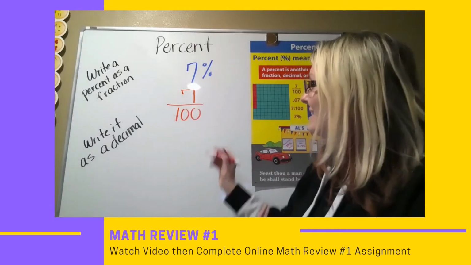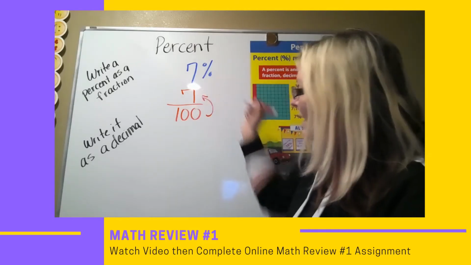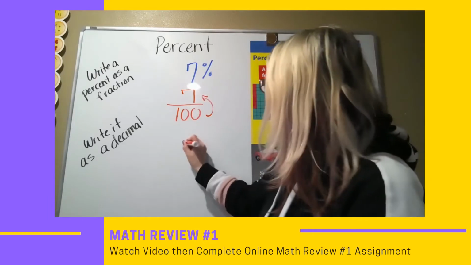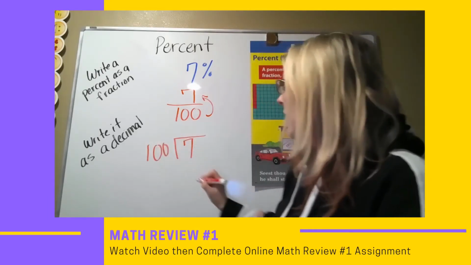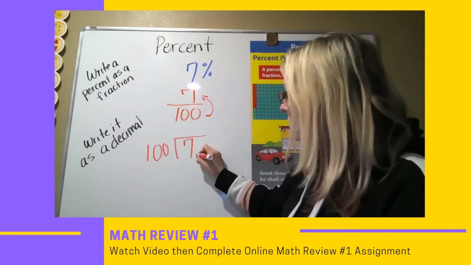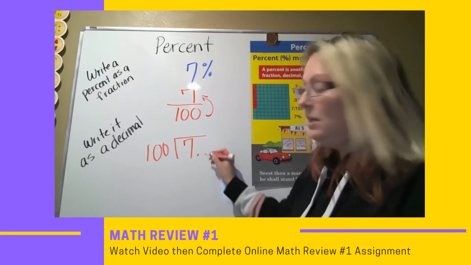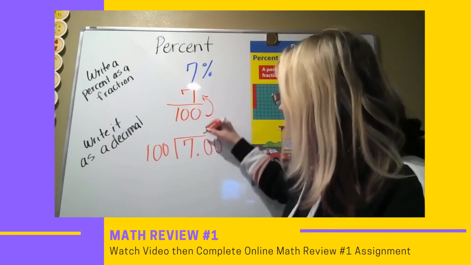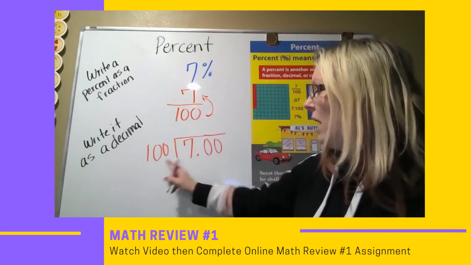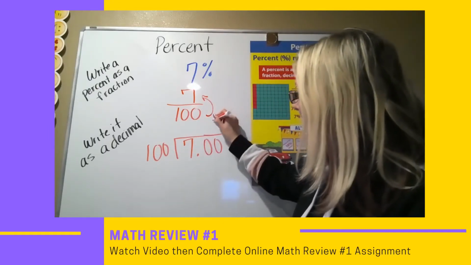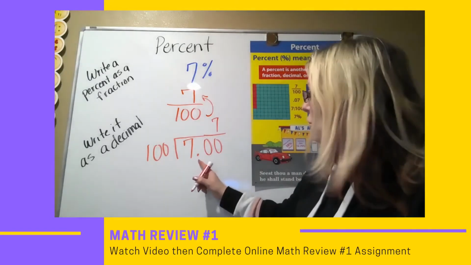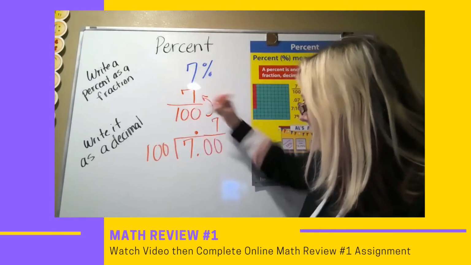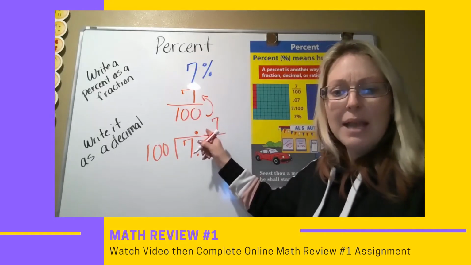Then we would reduce if we could, but in this case we can't. Then to write it as a decimal, we divide, right? So we have 7 divided by 100. Now remember, we can't do that. So we add our point, we add 2 zeros, and we know that 100 goes into 700 7 times. Oh, but don't forget, you've got to move your decimal place up here, but there's nothing right here.